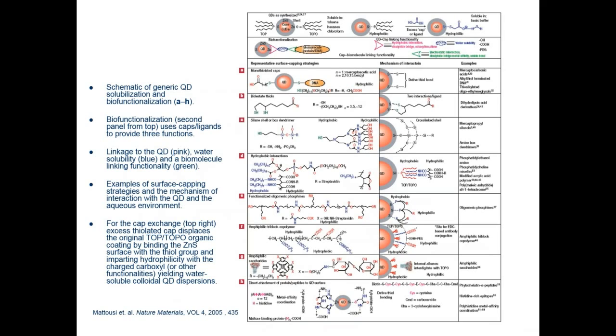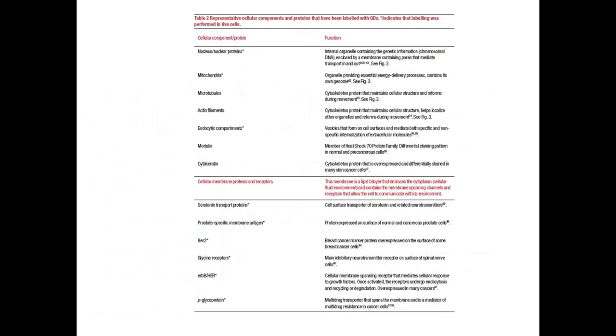As you can see here, one example is you can functionalize DNA on a quantum dot using thiol chemistry. Or one can functionalize oligomeric phosphines directly on the surface through the phosphorus group, and so on. So there are many types of bioconjugation methods to make those quantum dots more biospecific.